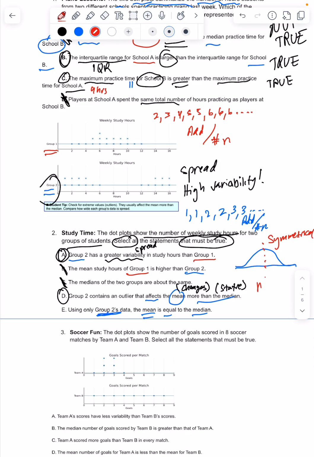In this case, since we're looking at group 2, we do not have a sense of symmetry here, therefore it's wrong.